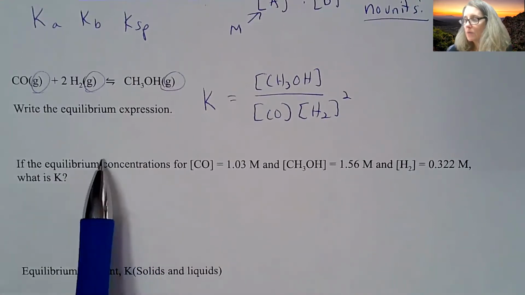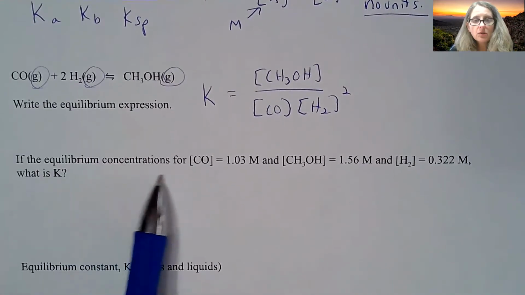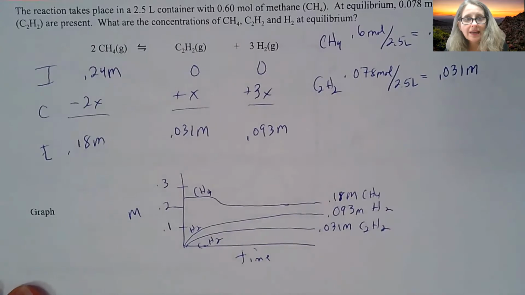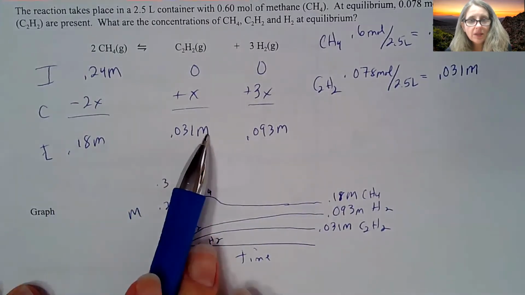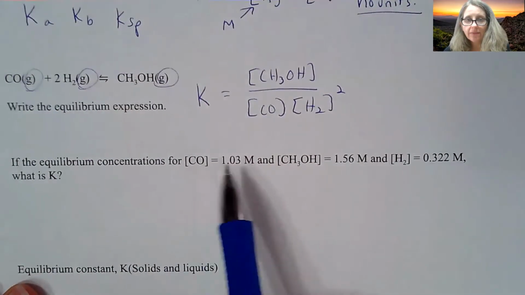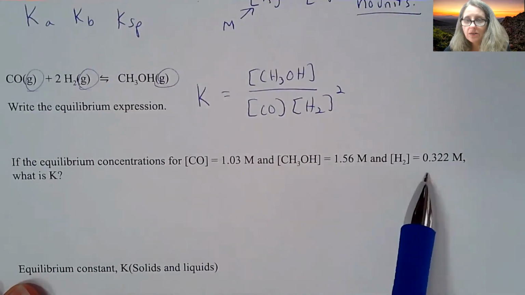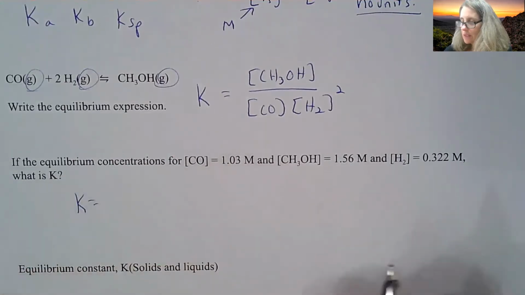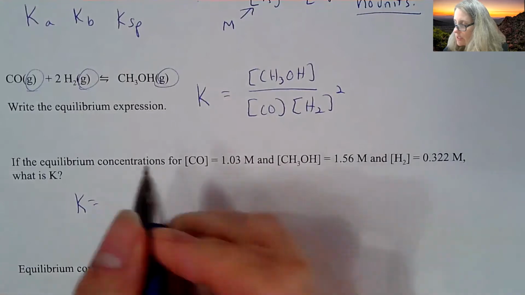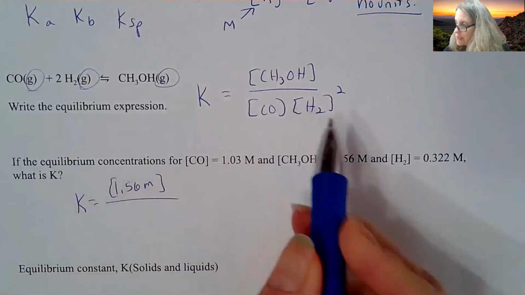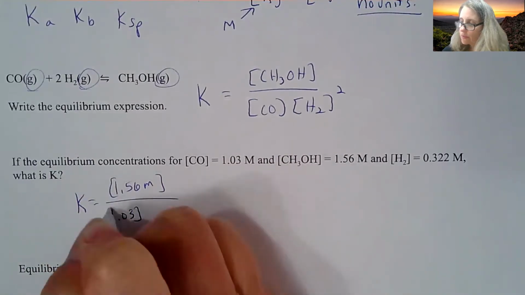For the second part, once you have found the equilibrium expression, you might be given concentration values at equilibrium. Think back to when we did the ICE chart. These numbers at equilibrium, the concentrations of all the species, are the numbers we use for K. I take my product, which is 1.56 molarity, and then my CO is 1.03.